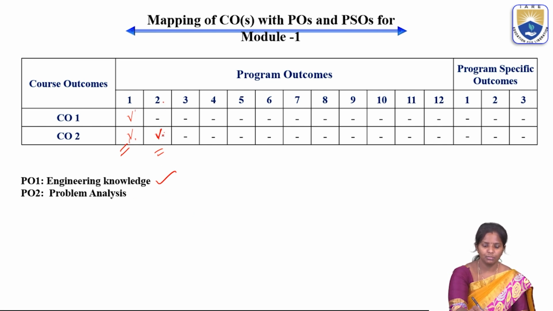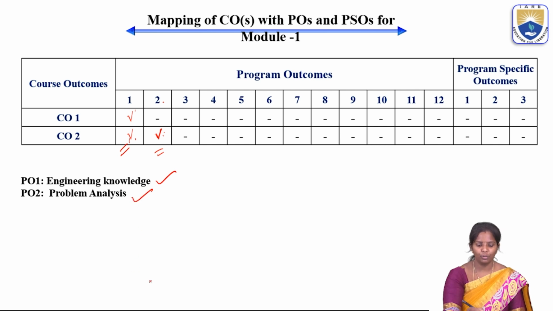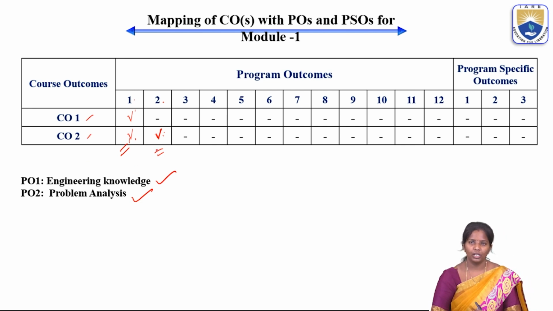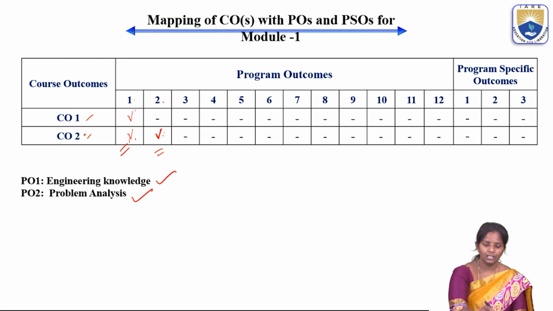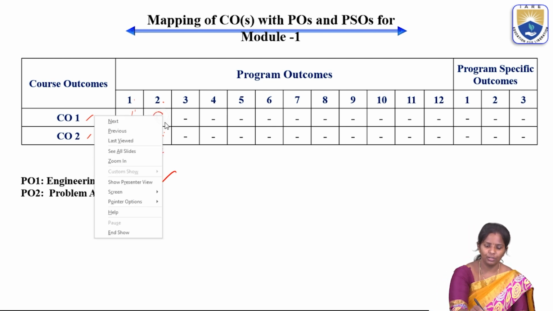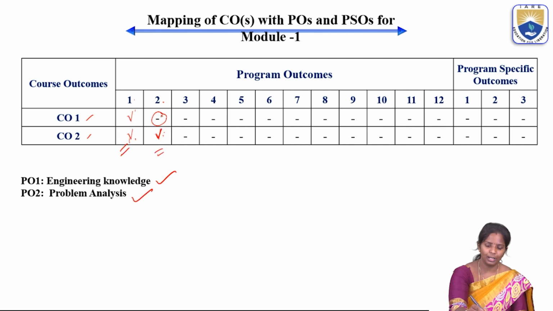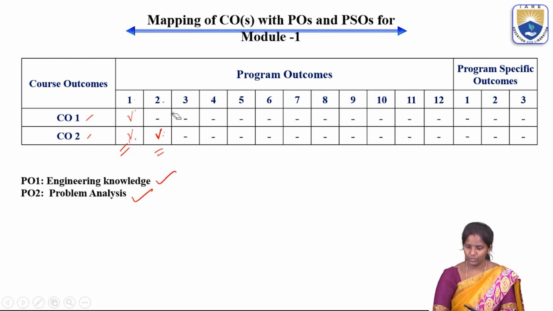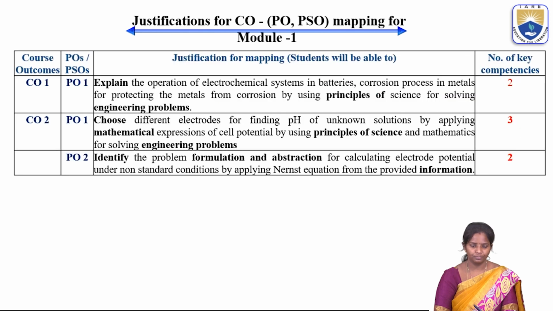Again it is mapped with 2 because we have problems, so problem analysis. So course outcomes 1 and 2 are mapped with PO1 and PO2. CO1 is not mapped with PO2 because we don't have problems. We are only understanding in CO1. So this is how we do it for each of the modules.